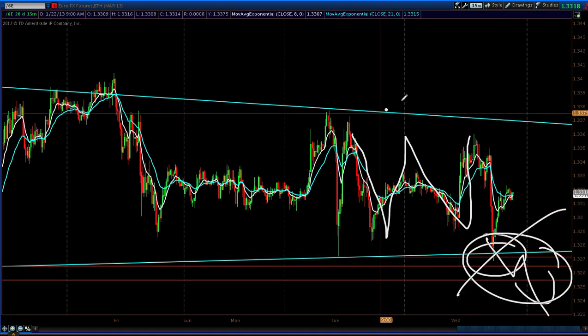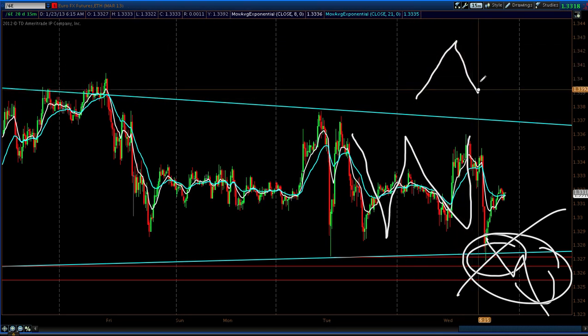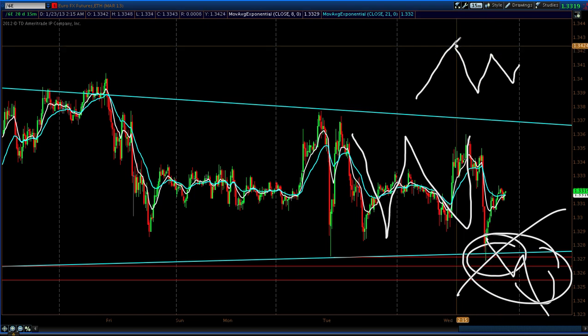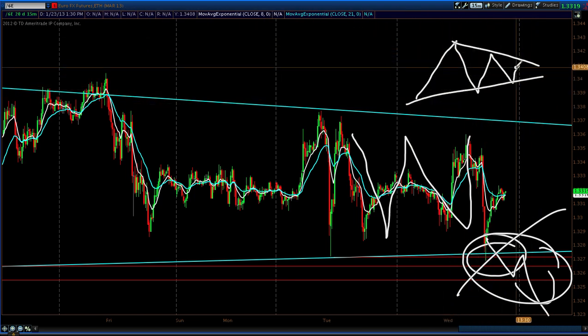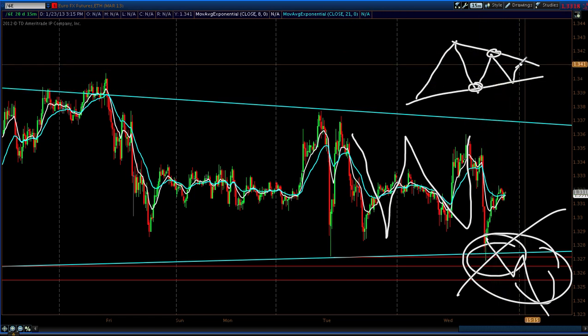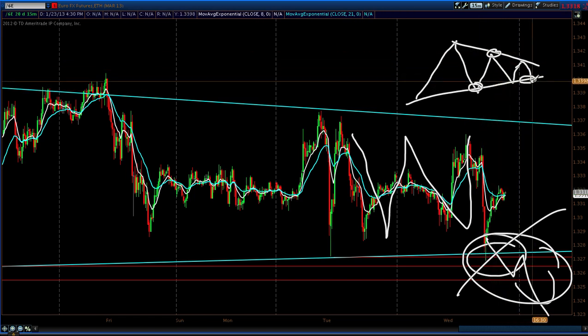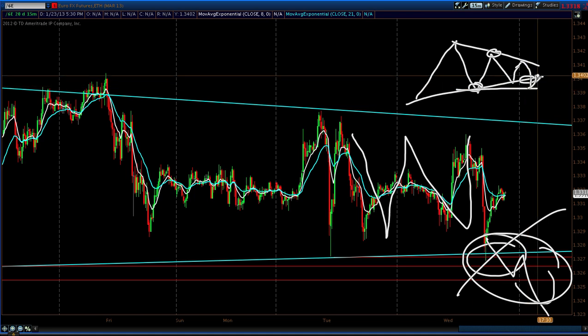No. In my eyes, what I'm looking for is a channel starting to get created. I'm obviously selling the highs and buying the lows of these channels, but if I bought here and it was to fail and come down, I have support here to turn it back around.